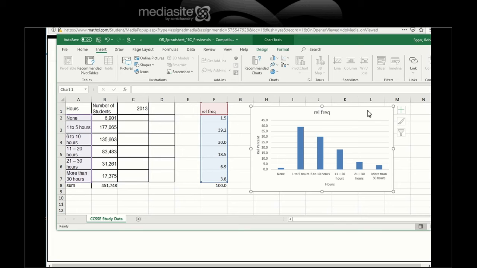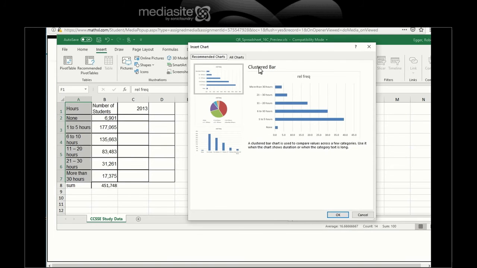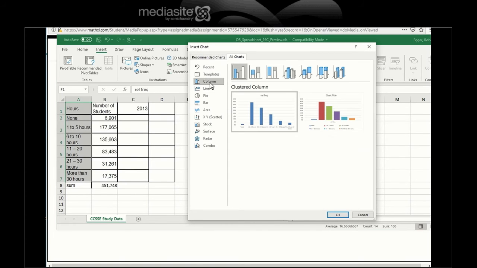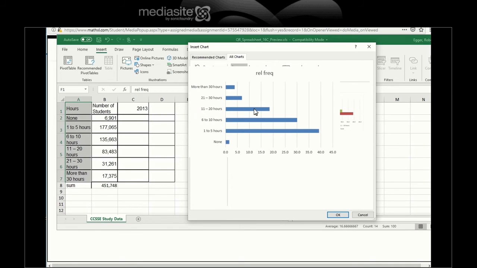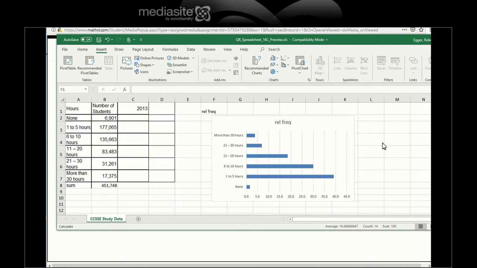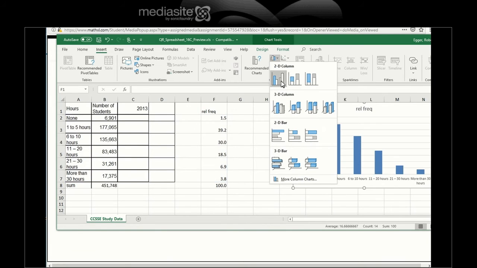Again, how do we get this guy? I highlighted the columns that I would use. Recommended charts, also, could have done all charts. I want a bar chart. Could have done it this way, that'd be interesting. Or, as we had before, horizontal.